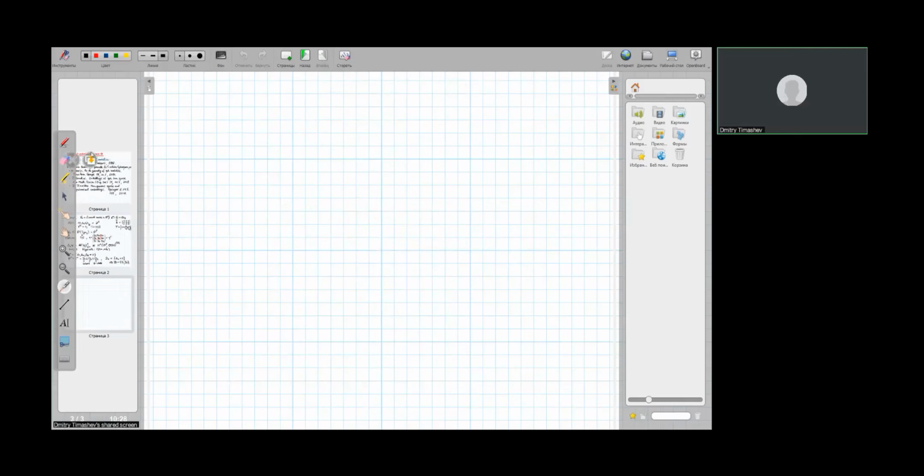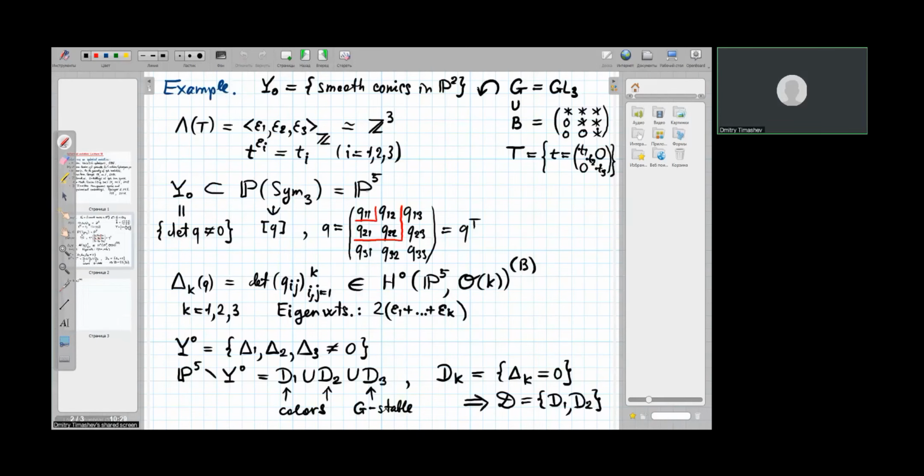To compute the weight lattice, I have to analyze B semi-invariant rational functions. Let's try to figure out what they are. If you have a B semi-invariant rational function on the open orbit, you may consider these functions on the open orbit or on this compactification, on this P5.